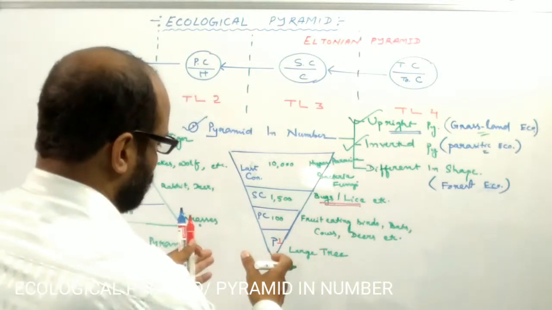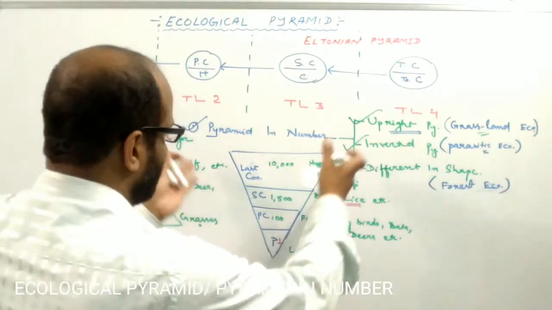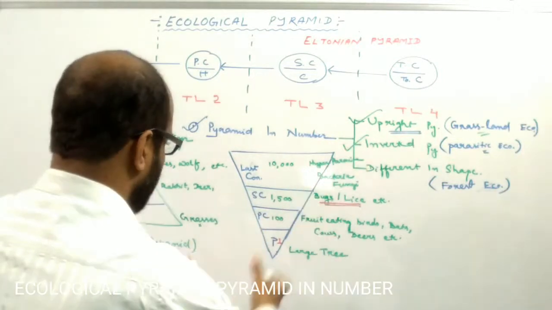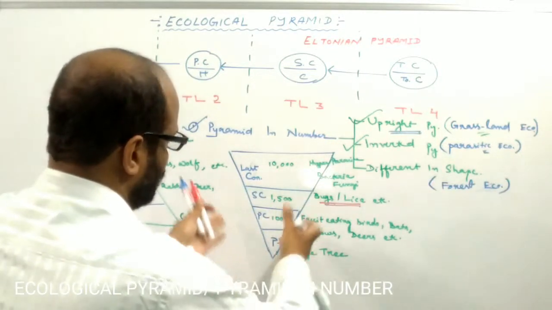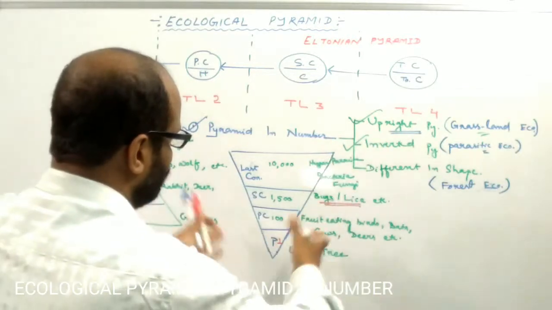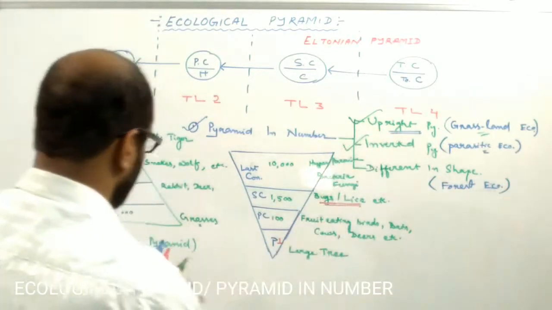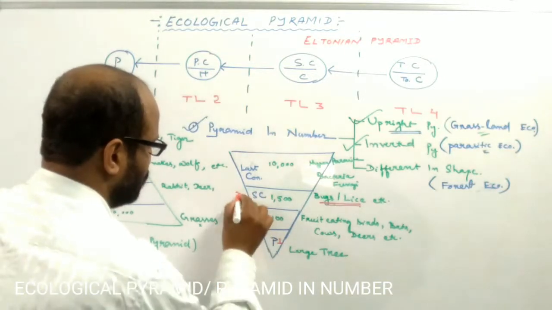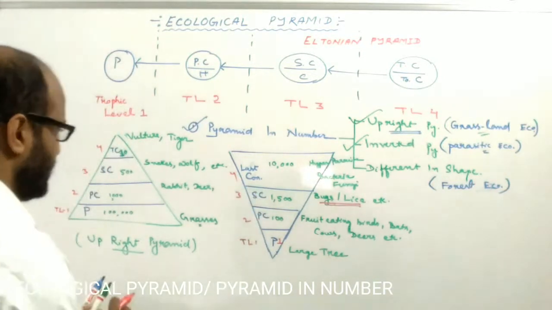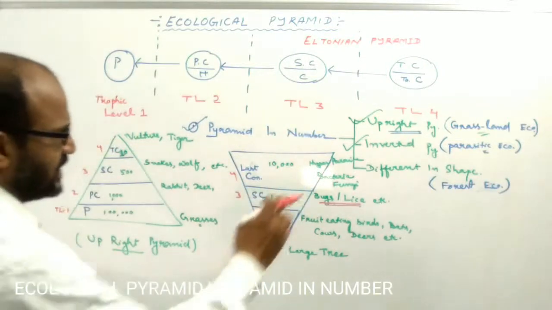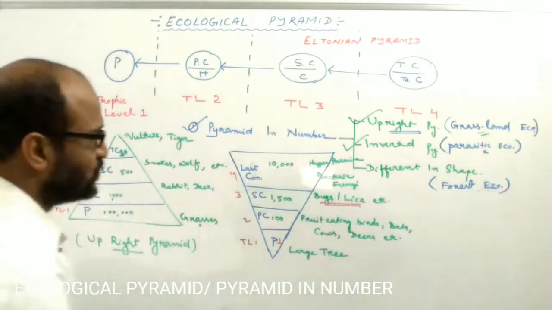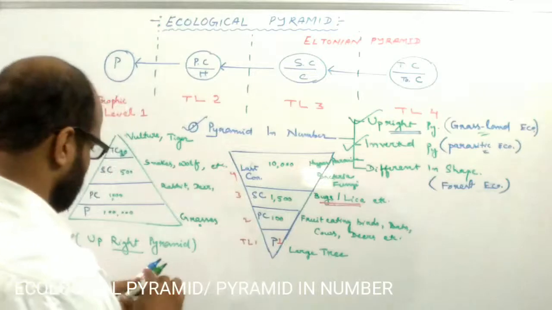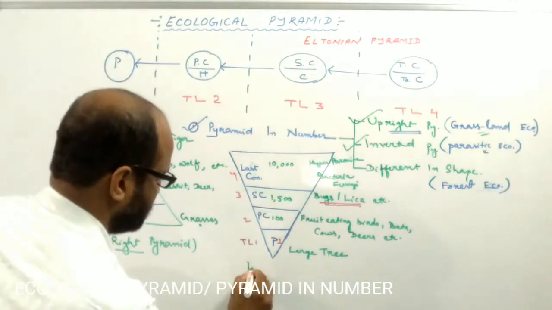And you find from the producer level to the parasitic level that there is a gradual increase across successive trophic levels. This is trophic level 1, 2, 3, 4, and which becomes inverted in shape. That's why it is known as the inverted pyramid.